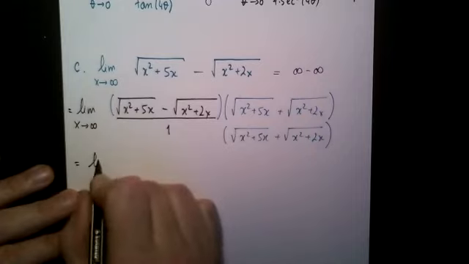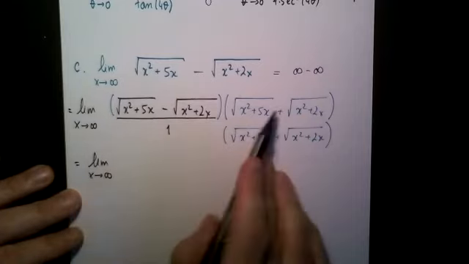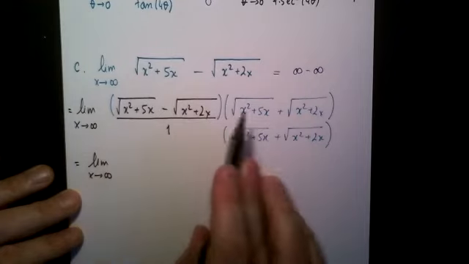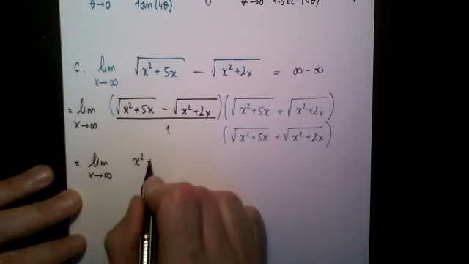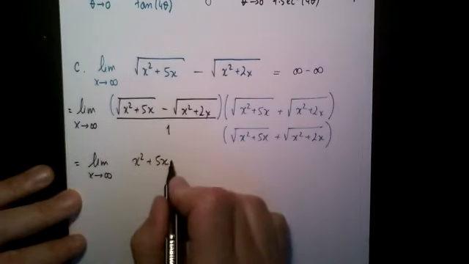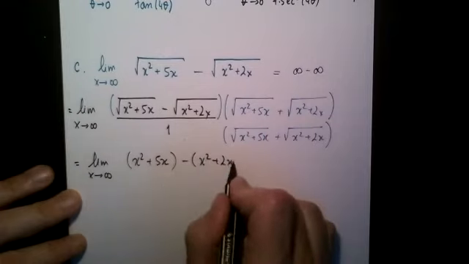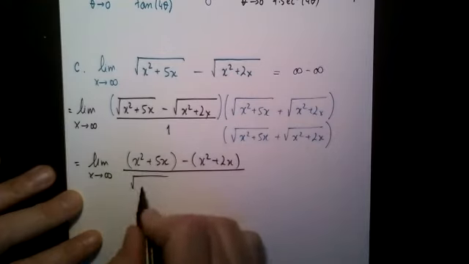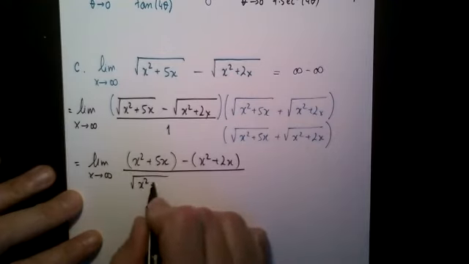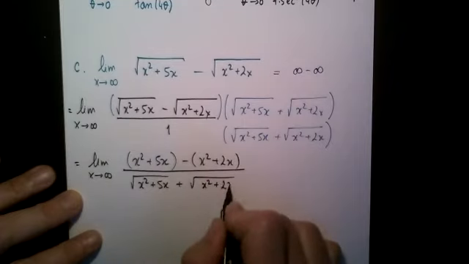So limit x approaches infinity. This is a difference: a minus b times a plus b is a2 minus b2. So I have x2 plus 5x minus b squared, which is x2 plus 2x. And on the bottom, square root of x2 plus 5x plus square root of x2 plus 2x.